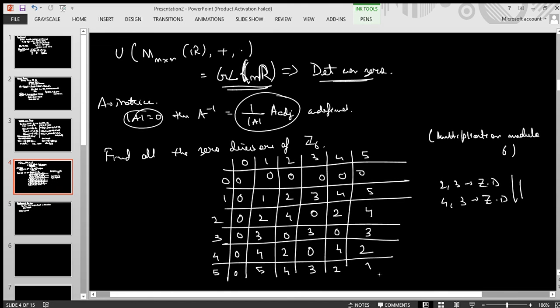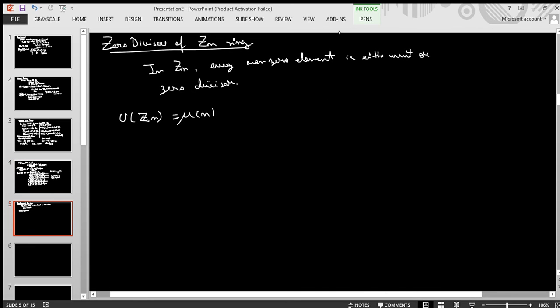See, what we had here, the number of zero divisors we got is basically 3, I guess. 2, 3 and 4. Let's see whether this is true or not. Okay, so what are the units of Z6? Mu of 6, which is 1 and 5, right?